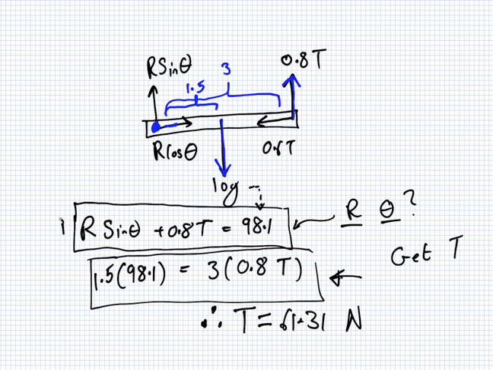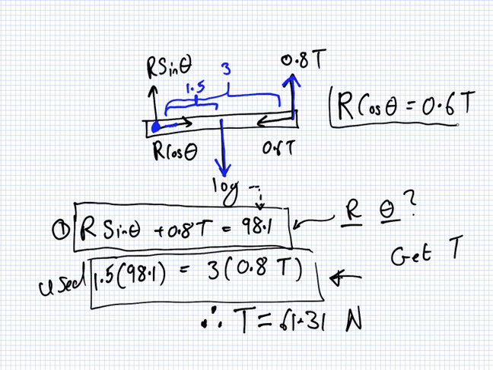But I only have 1 equation because I used this to get my T. So there's 1 more equation I can still make, and that is T cos theta equals 0.6T. Why? Because they're horizontal. The horizontal cancels also. So what I'll do is I'll just write these 2 again.